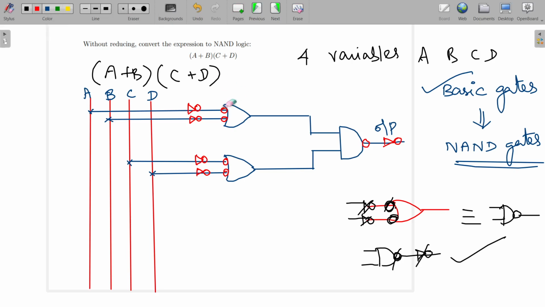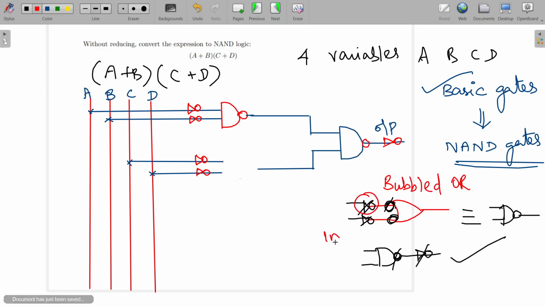So I'm going to delete this. Instead of this bubbled OR, we can have this NAND gate. Similarly, here also we are going to replace this bubbled OR. This symbol indicates an inverter, or we can call it a NOT gate.